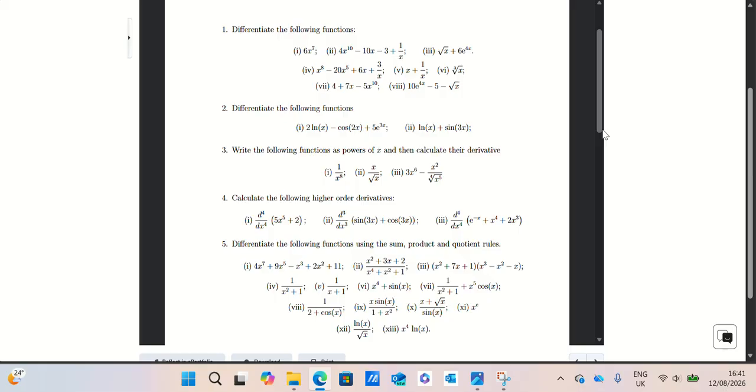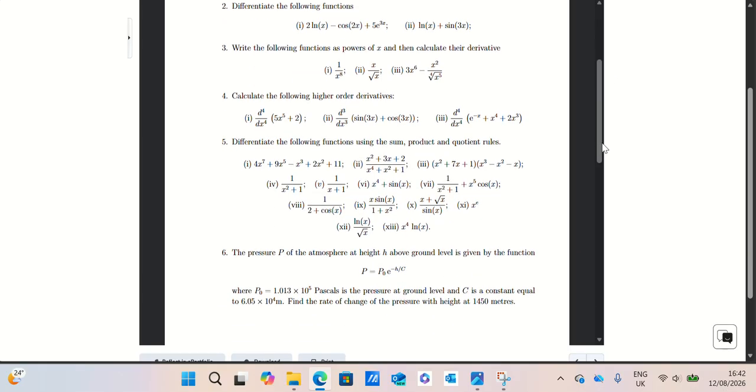So with that one, I did e to the power of 4x equals 4e to the power of 4x. So the e just stays there. So I guess it's kind of like the power rule, maybe, or whatever it's called.